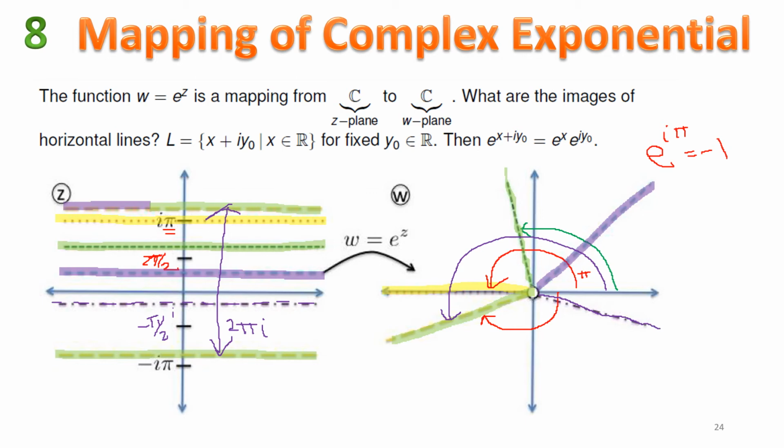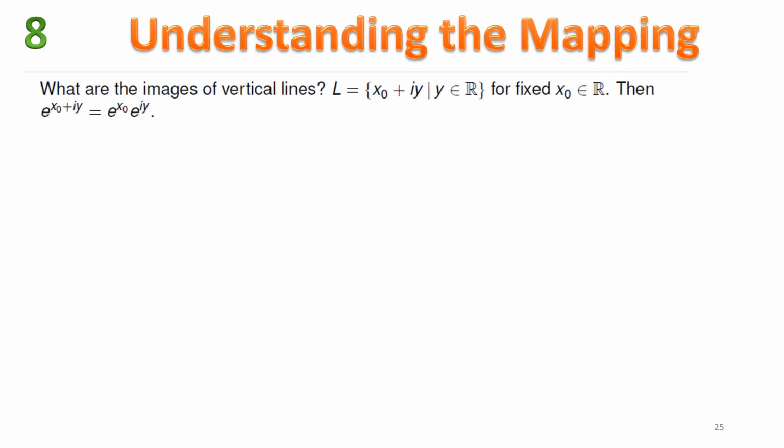Now we are going to talk about the vertical lines. Vertical lines we defined as L equal to x0 plus I times y0. So the whole story is that x0 is fixed, and y, which is the argument part, is varying. x0 is fixed in the set of real numbers.